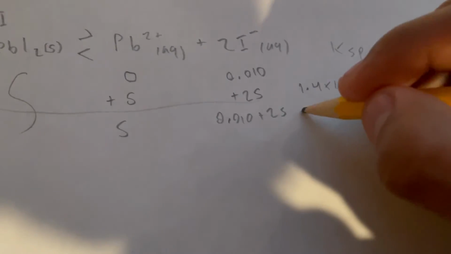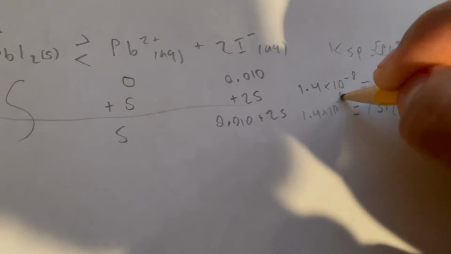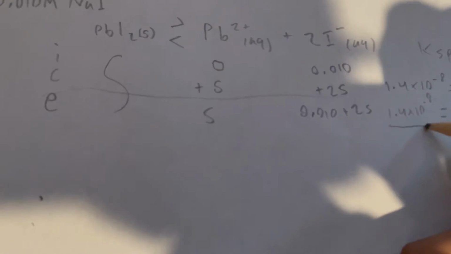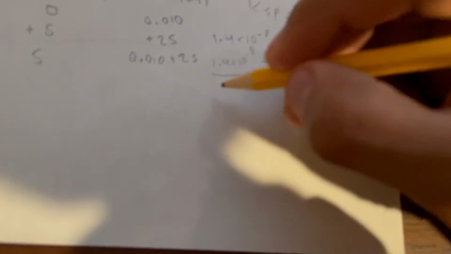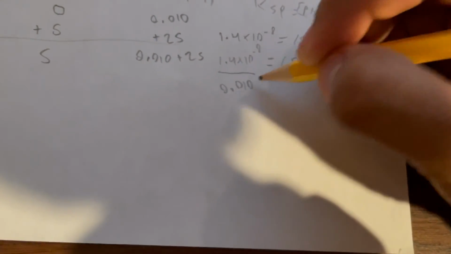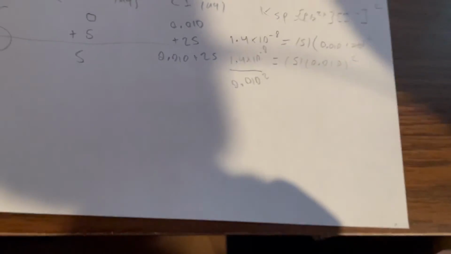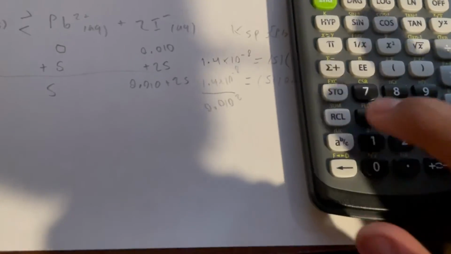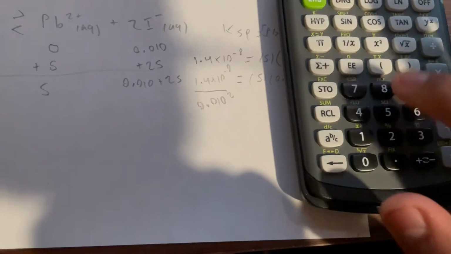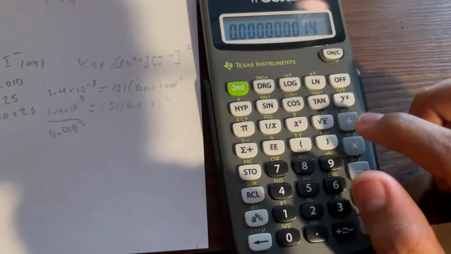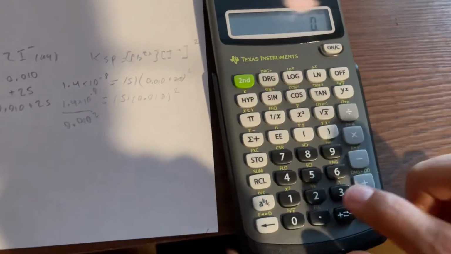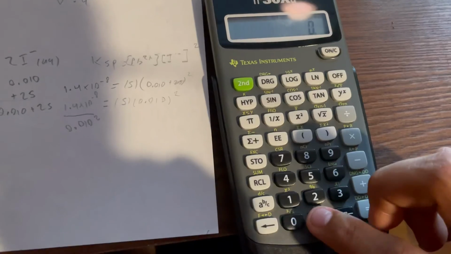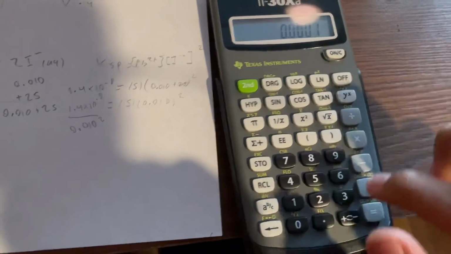All right, and you set that equal to 1.4 times 10 to the negative 8, and you're gonna divide that by 0.010 squared, and that should give you the answer for S. So let's do that real quick. So we're gonna do 1.4 E negative 8 divided by 0.010 squared.